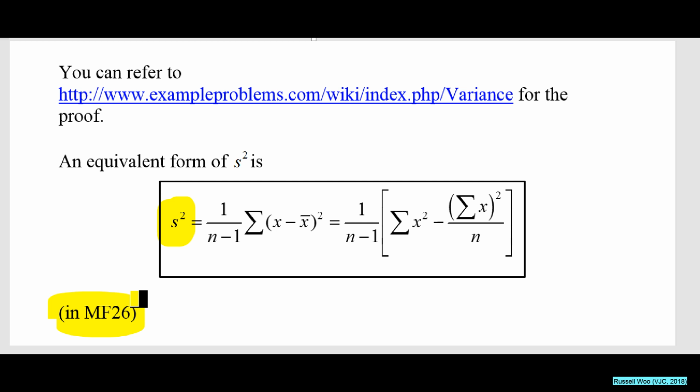That formula inside S square is the unbiased estimate of the population variance. That means there's n minus 1 here. Whenever you see n minus 1, it means the unbiased estimate. It is not the sample variance. You must make a clear distinction between S square and sample variance. Got it? Yes? All right.